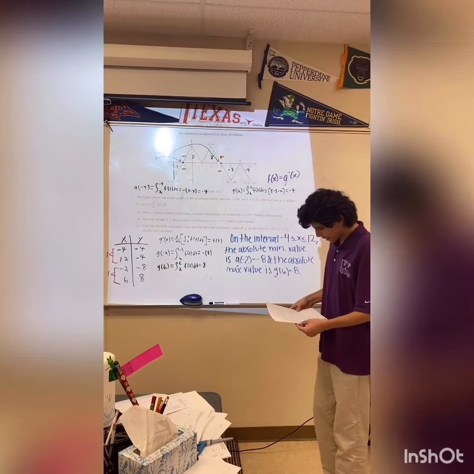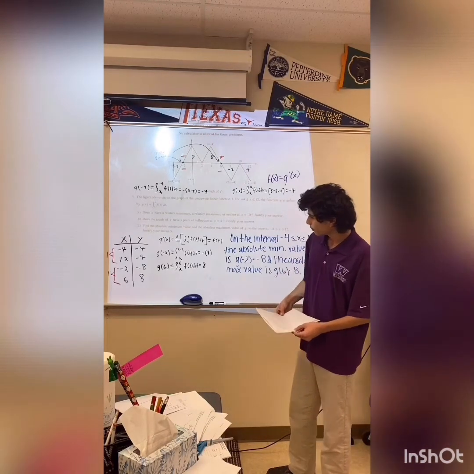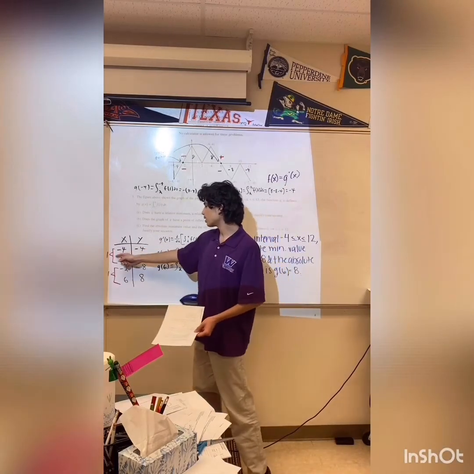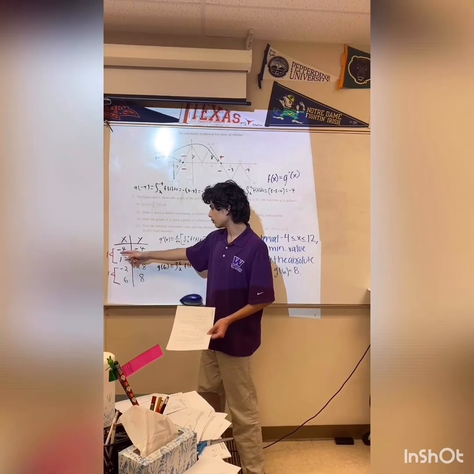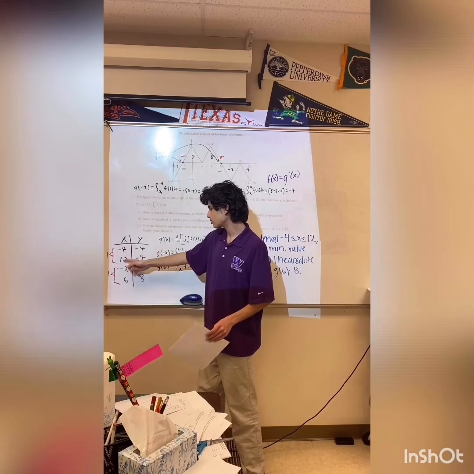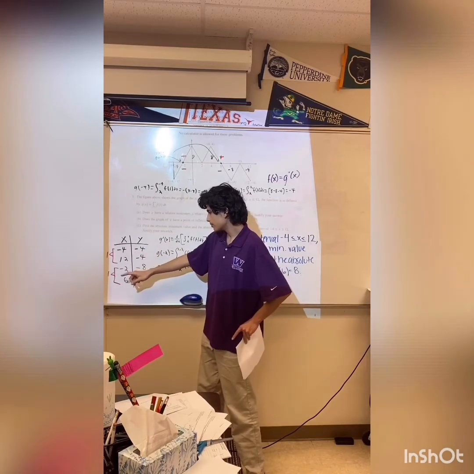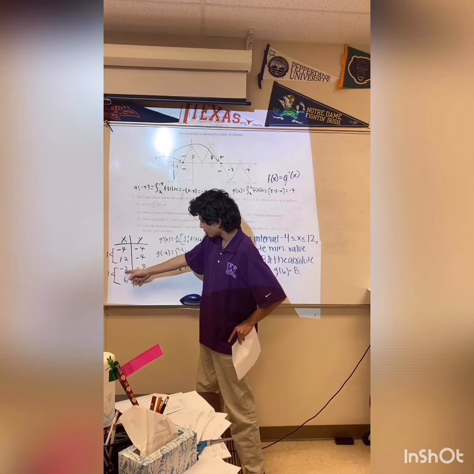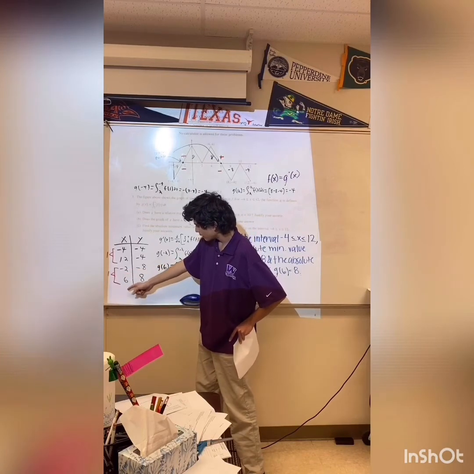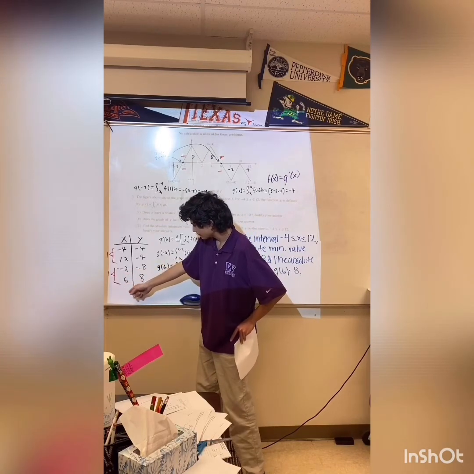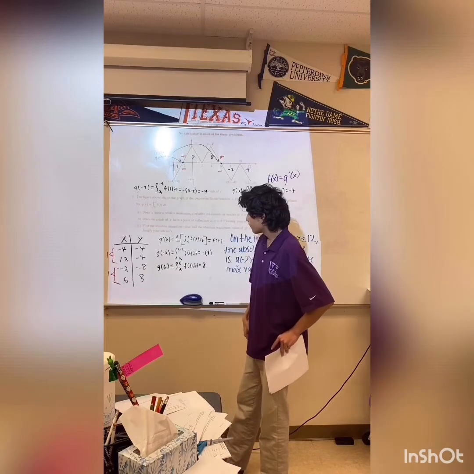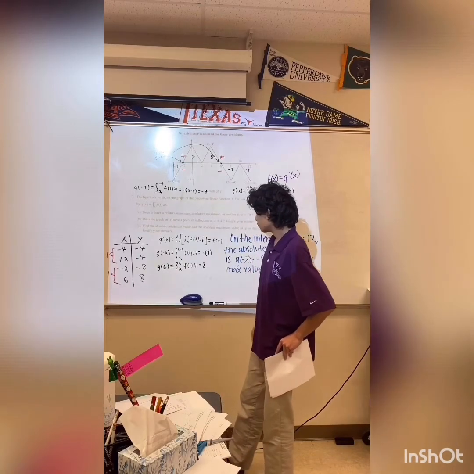And the points are awarded by 1 point comes from your endpoints, so from considering -4 and 12. And another point comes from your critical points, such as x equals -2 and x equals 6. And the other 2 points come from the answer with justification.